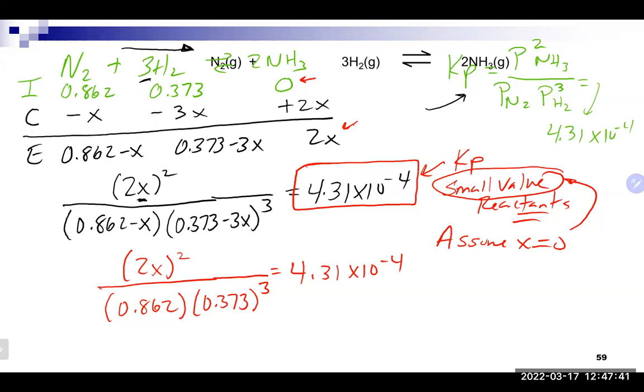So we won't do any of that, but you sometimes will still see it in solution guides and books, and sometimes people will solve it that way. So these will be the three different ways that we will do these types of problems: quadratic, assumption, or perfect square. Any questions on how to do ice tables?